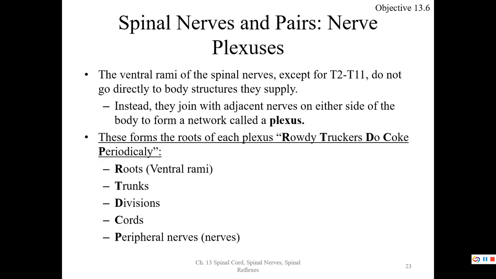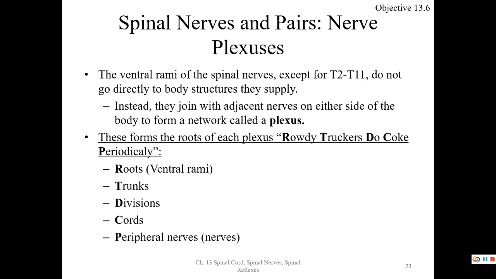Now, let's talk about nerve plexuses. I want to set the stage for nerve plexuses, and then I'm going to stop. One of the interesting things about the ventral rami is the exception of T2 through T11. T2 through T11 go between the ribs. They are intercostal nerves, right between the ribs, and go straight to the things they control.